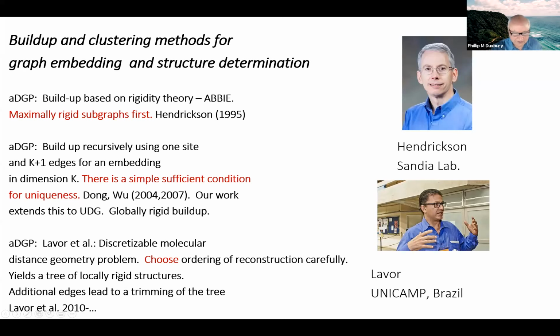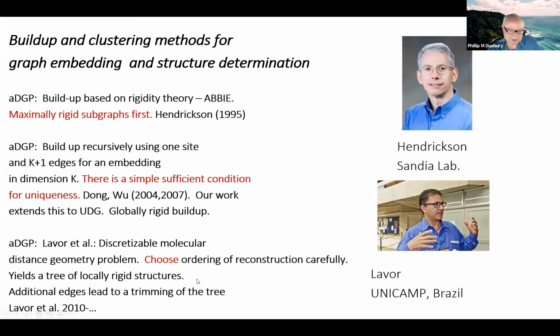We were also motivated by the work that Khalili, Leo, and many of the people in the room here have been working on, discretizable molecular distance geometry problems. In our thinking, we think of K-lateration as globally rigid buildup, and the discretizable ones as locally rigid.